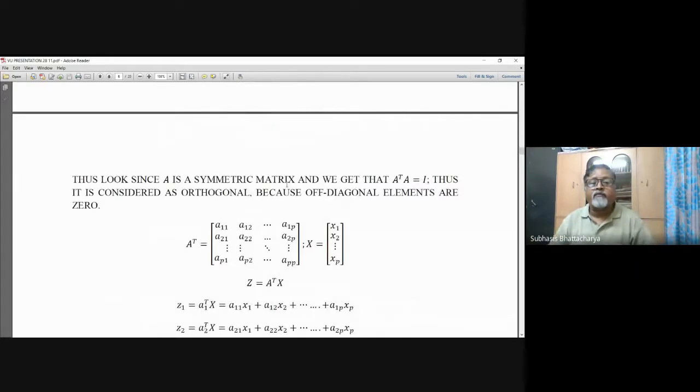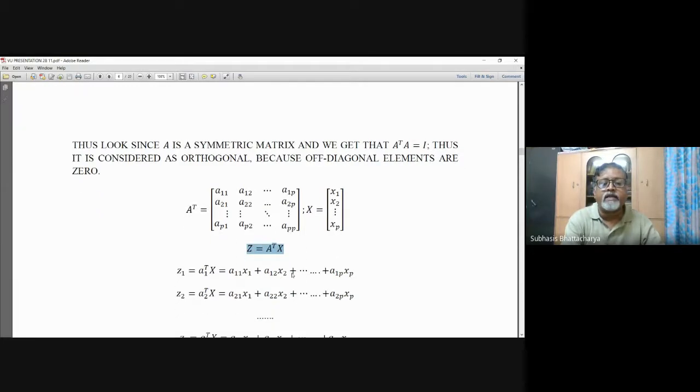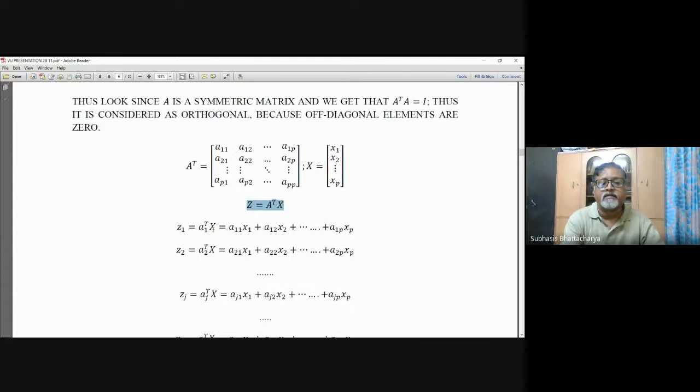So for example, if this is the matrix, that is A transpose, and this is the variable vector, then what is the result? Like before, z is equal to A transpose x, where z1 is A1 transpose x.